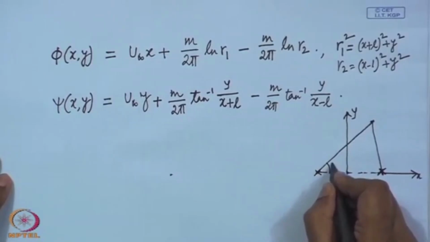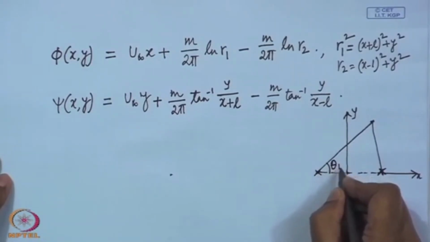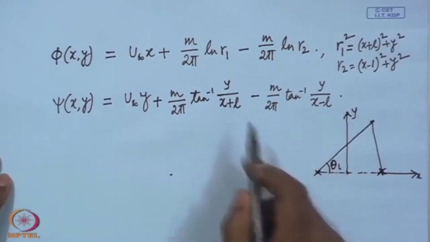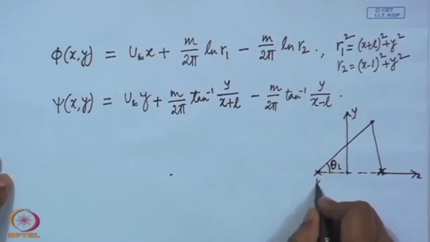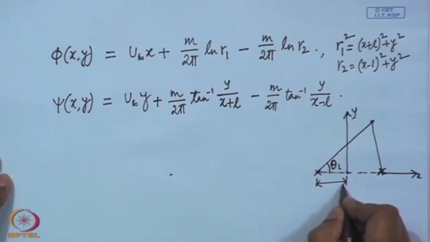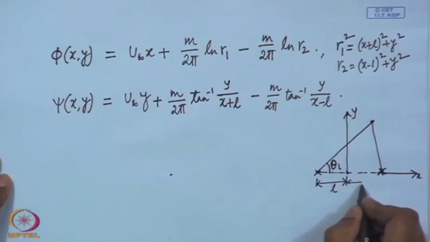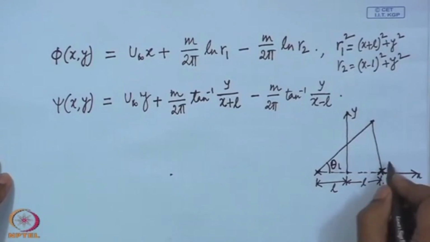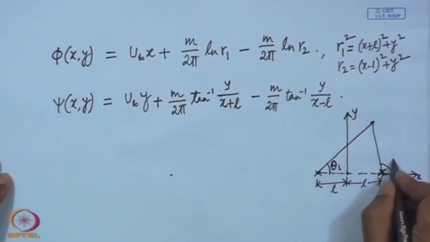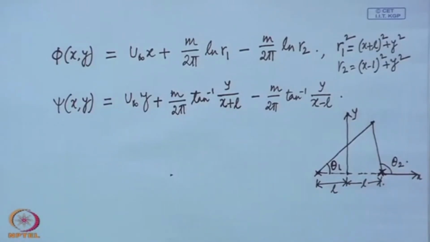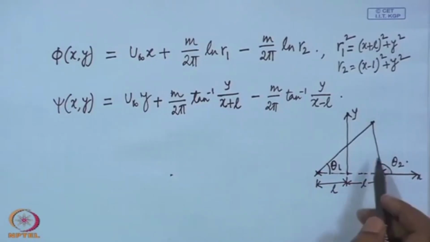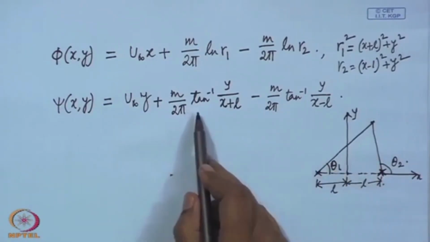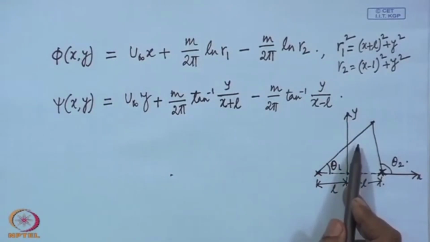So, this is the angle theta 1, which is tan inverse this. And this is the angle theta 2. So, if you combine, m by 2 pi theta 1 minus theta 2.